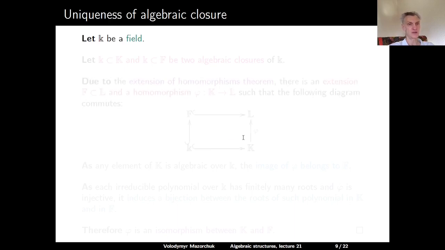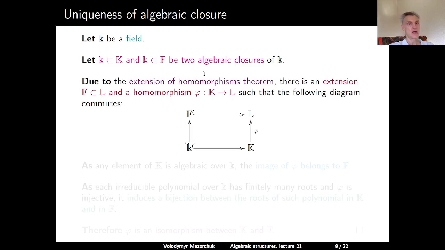So let k be a field, and let K and F, both containing k, be two algebraic closures of k. We have our theorem about extension of homomorphisms between fields. If we use this theorem, there is an extension of F inside L, and a homomorphism phi from capital K to this bigger field L, such that the following diagram commutes.